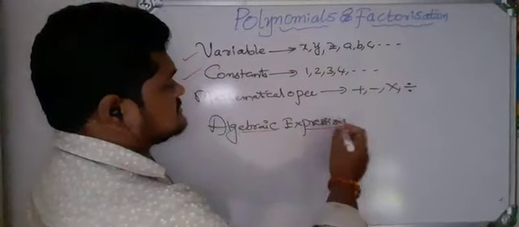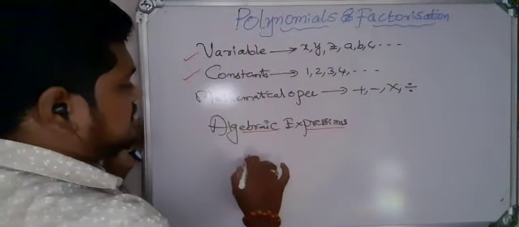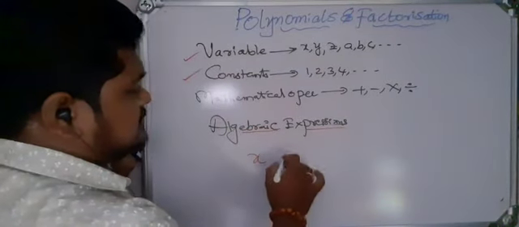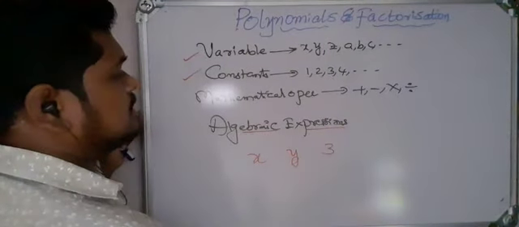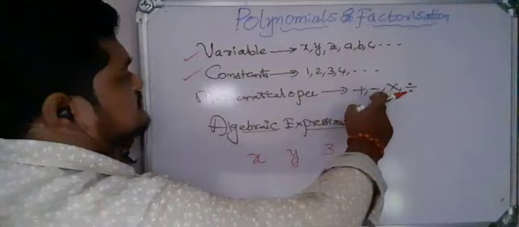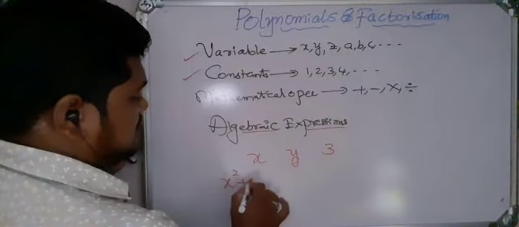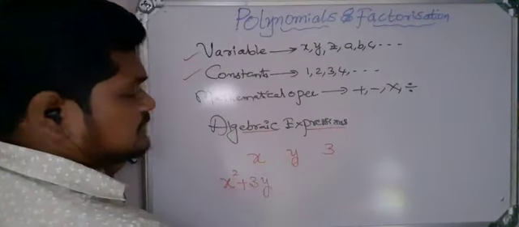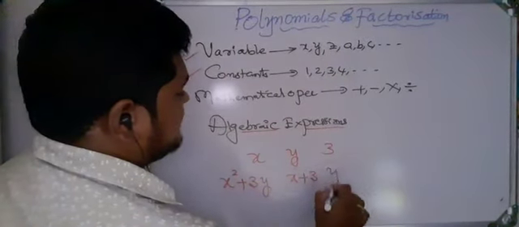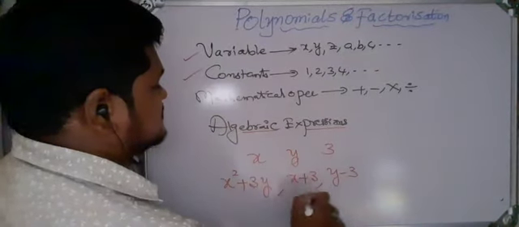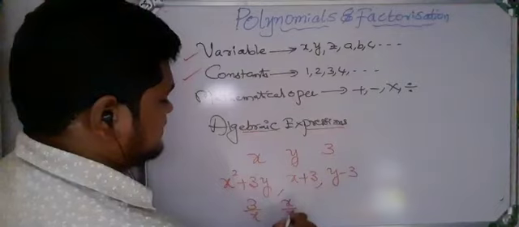Let us see some examples. Suppose you consider x, y, and 3. We connect them with the symbols plus, minus, into, divided by, so I can write x square plus 3y, or x plus 3, or y minus 3, or 3 by x, or x by y.